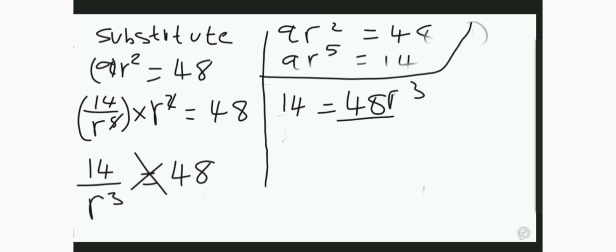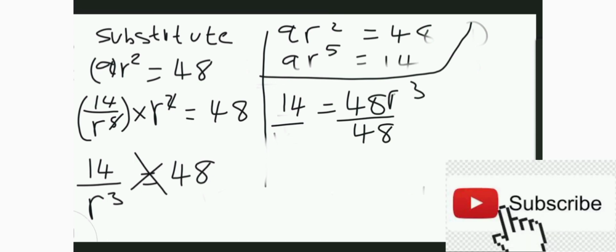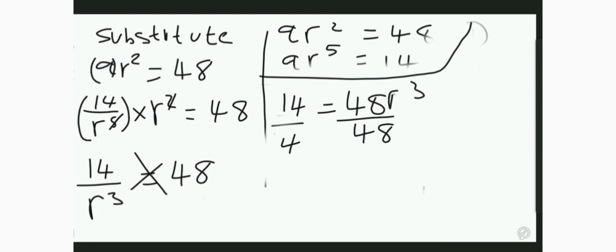What you can do is divide both sides by 48 so as to be left with r raised to the power 3. So divide both sides by 48. The 48 cancels out on the right hand side, and on the left hand side we'll divide using our calculator.